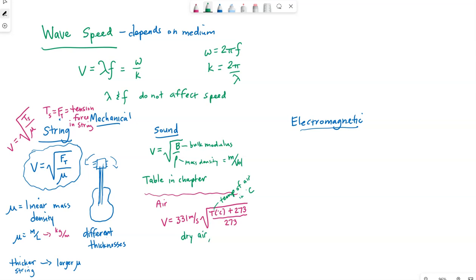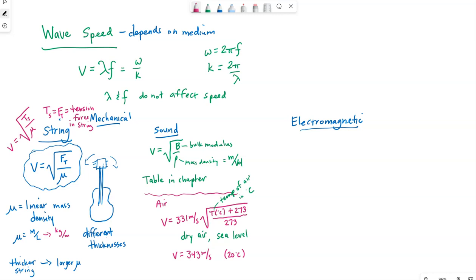It also assumes we're at sea level, so air pressure is 1 atm. You will see also in the test notes, it says v is 343 meters per second for dry air, sea level, and at 20 degrees Celsius.